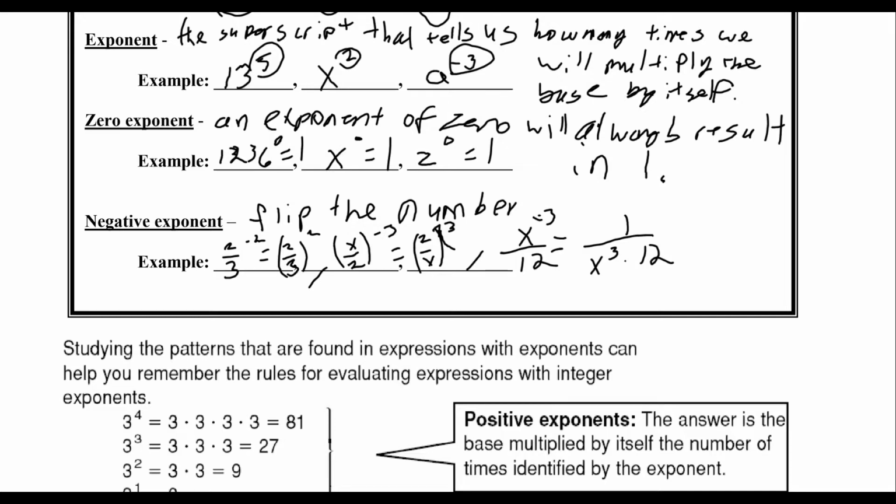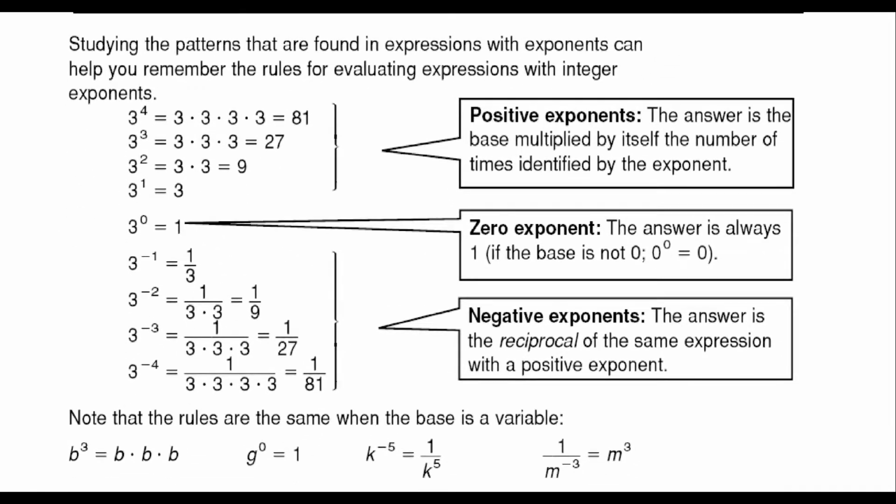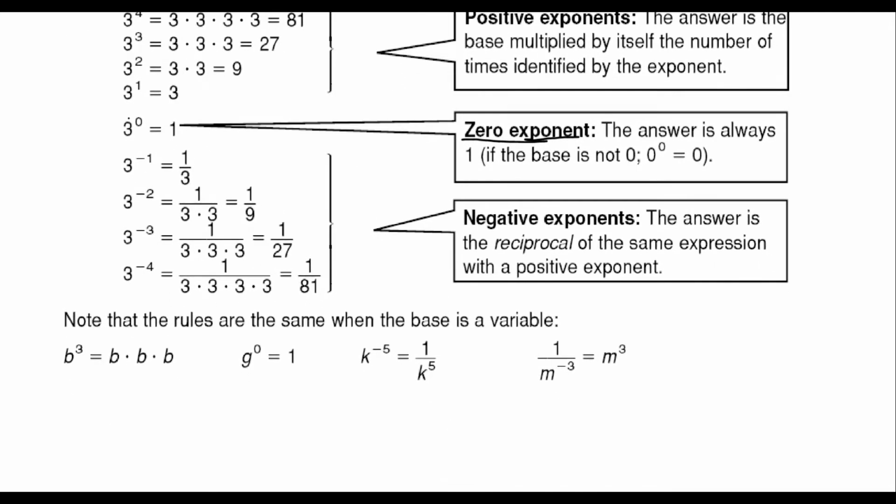Alright, now down here we have some information, okay, about the patterns that occur for negative exponents and all that good stuff. Now, this is what I was just saying a second ago, okay? A 0 exponent, the answer is always 1, okay? Right here, negative exponents, the answer is the reciprocal of the same expression with a positive term.